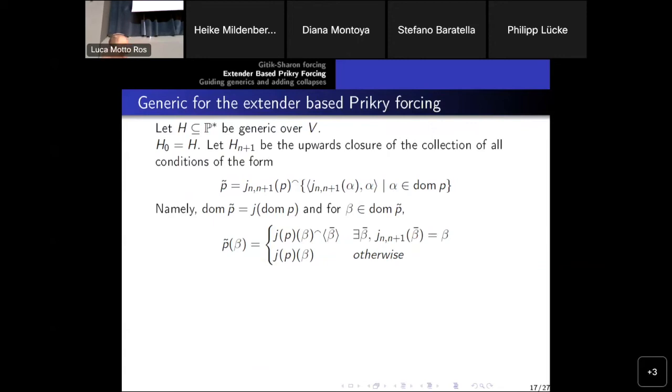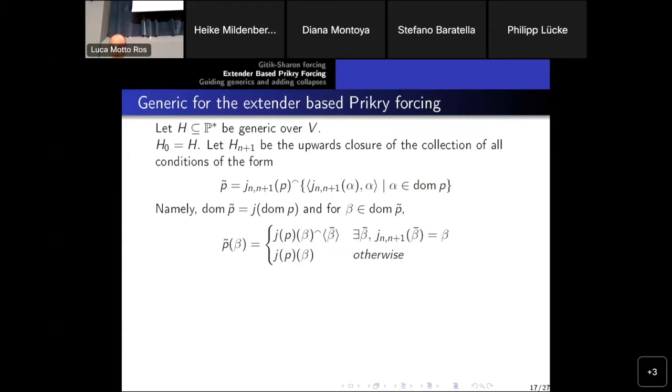We start with our generic H, and then let's think about n equals 0. So what is H_1? We start by pushing H through the first embedding j_1. We get a well-defined generic filter for the image of P_0 in M_1.